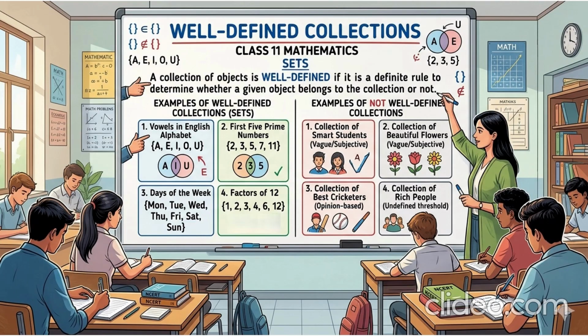And on the right hand side, we can see some simple collections like smart students, beautiful flowers, best cricketer, and rich people. These may differ for each individual. This will not be the same for every individual. That is the reason these are not well-defined collections.